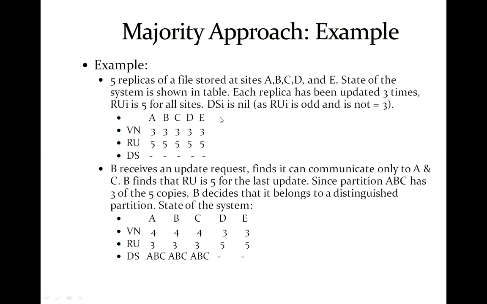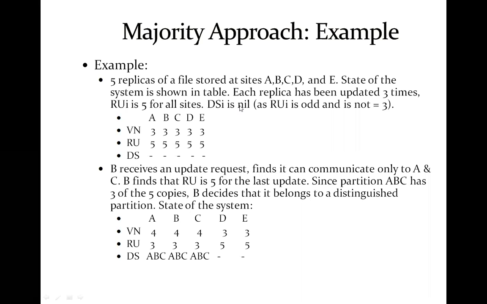And since all the 5 sites are participating, RU is 5. And since all the sites are accessible to every site, because A, B, C, D, E are present in a particular partition, there is no meaning of representing the distinguished site set. So it is null.